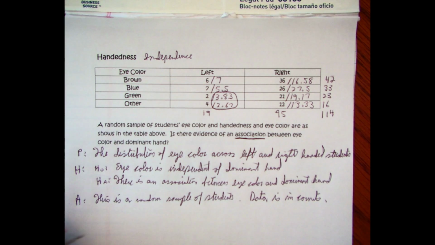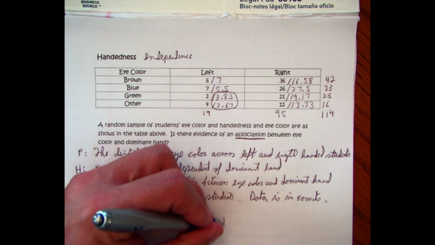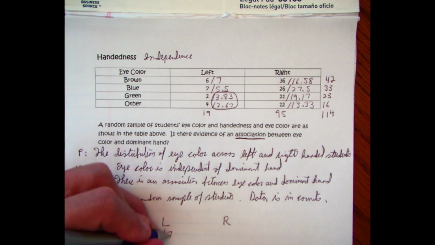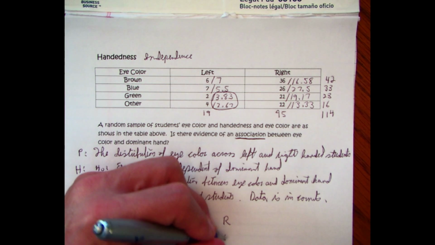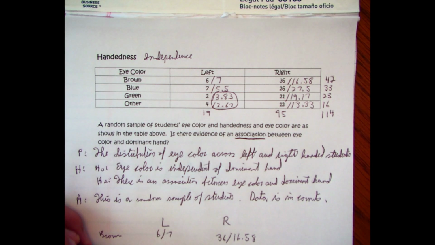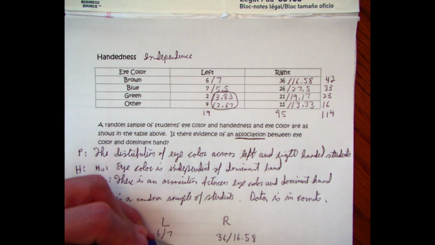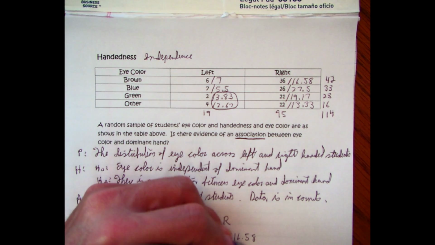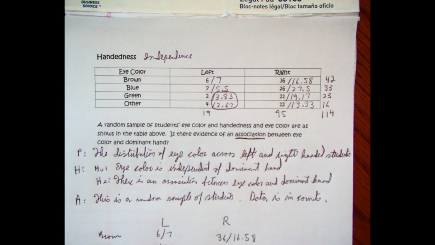So we're going to have left and right, and brown is going to stay as 6 and 7 and 36 and 16.58. Blue is okay, 7 and 5.5, and then 26 and 27.5, and I'm going to combine green and other.